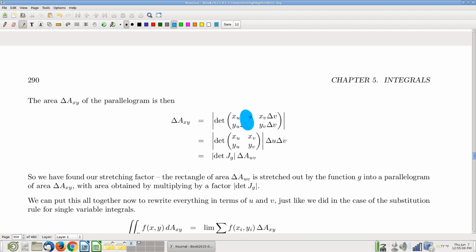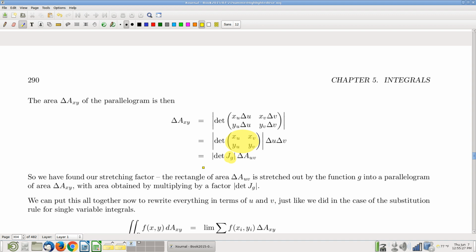This factor of delta u factors out. This factor of delta v factors out. You note that what we're left with is exactly the Jacobian matrix. Wow, what a coincidence. What are the odds? That's exactly the Jacobian matrix of the g function.